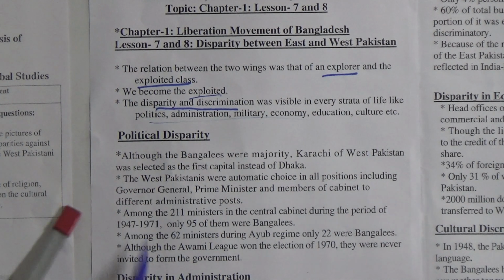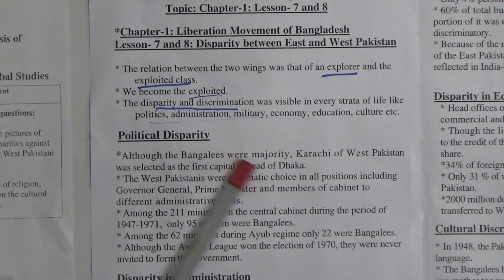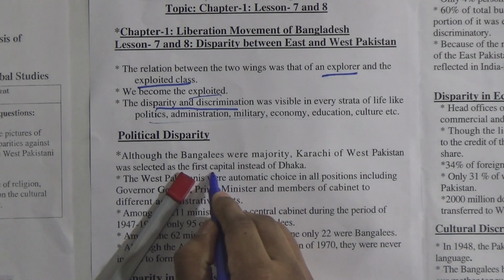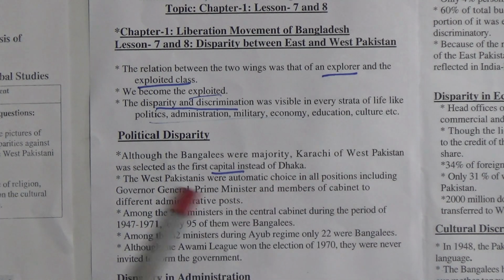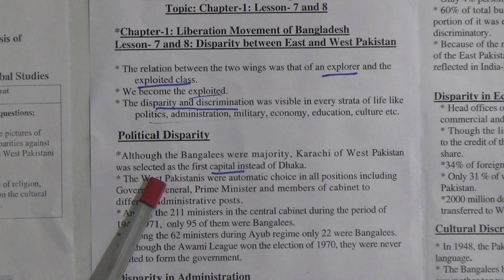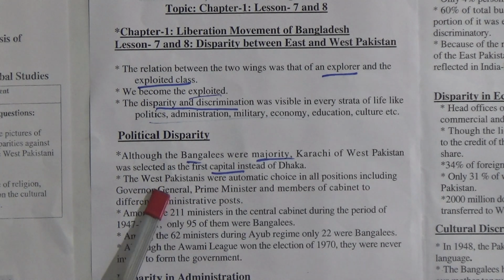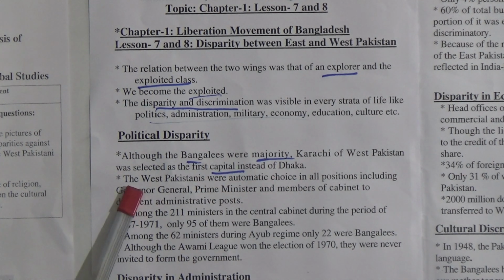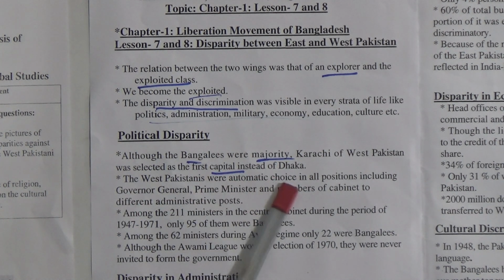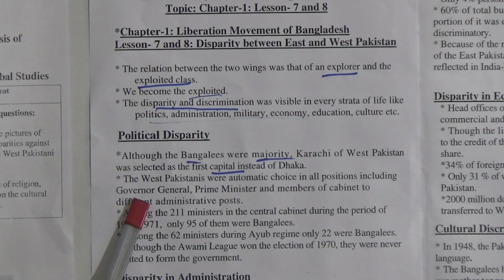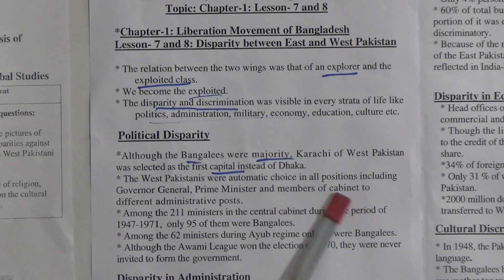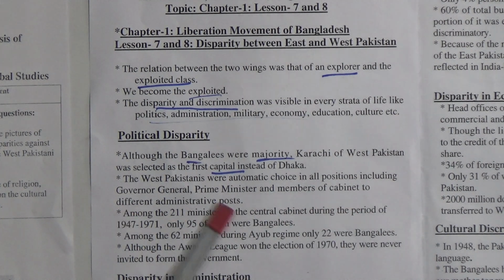So, political disparity: although the Bengalis were the majority, Karachi of West Pakistan was selected as the capital instead of Dhaka. This was the first political disparity. The West Pakistanis were given preference in all positions, including Governor General, Prime Minister, members of the cabinet and different administrative posts.